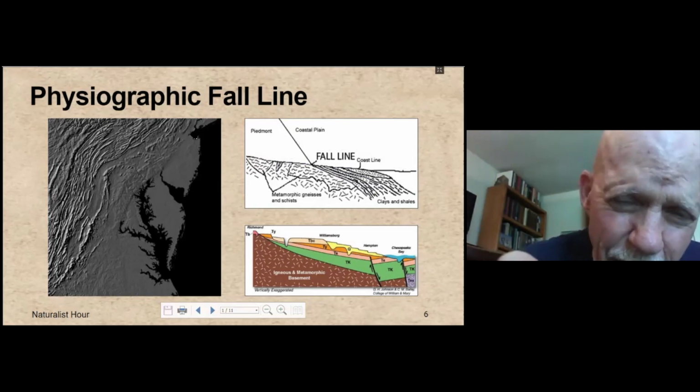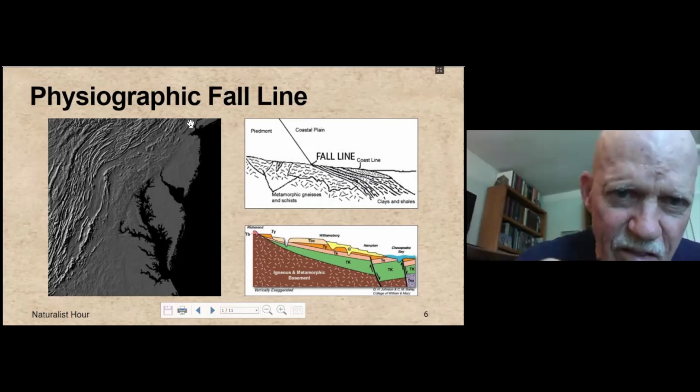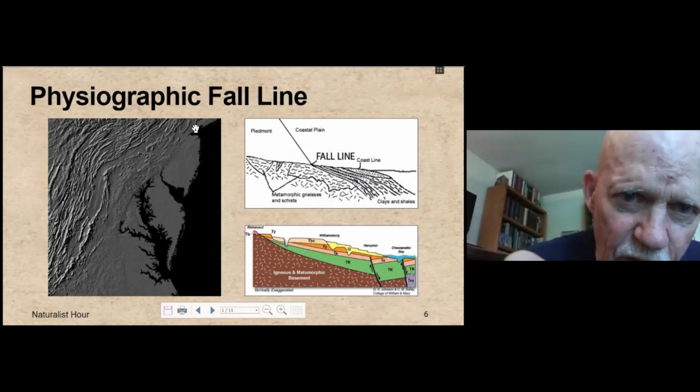Now that's a little obscured there, but we won't go into why that's the case. But the classical fall line would go this way.